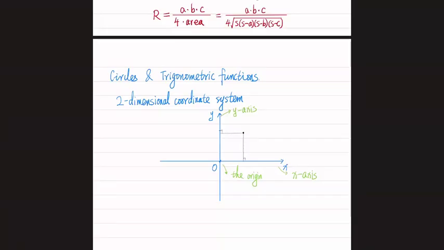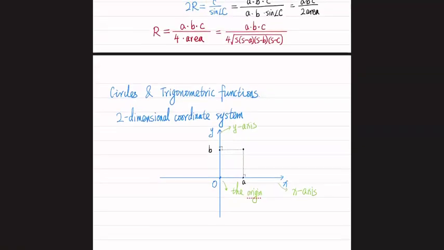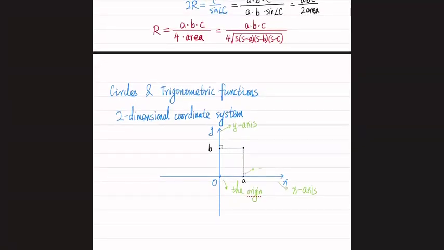Let's label this as A, this as B. We will call them the x coordinate and the y coordinate. A, the x coordinate.